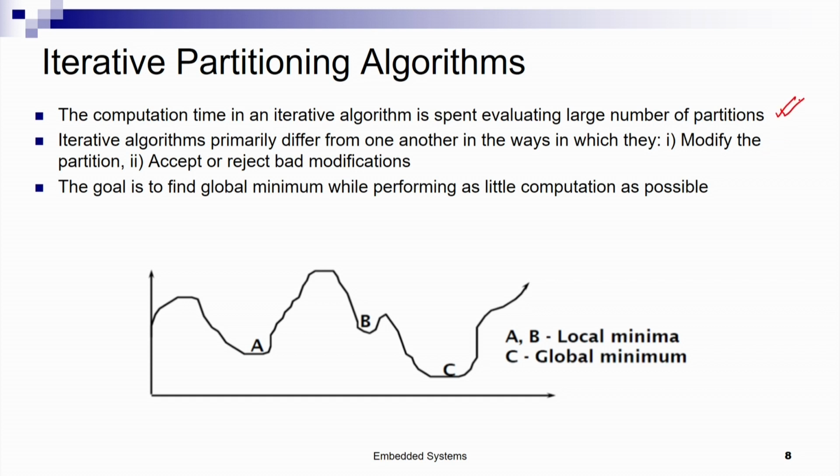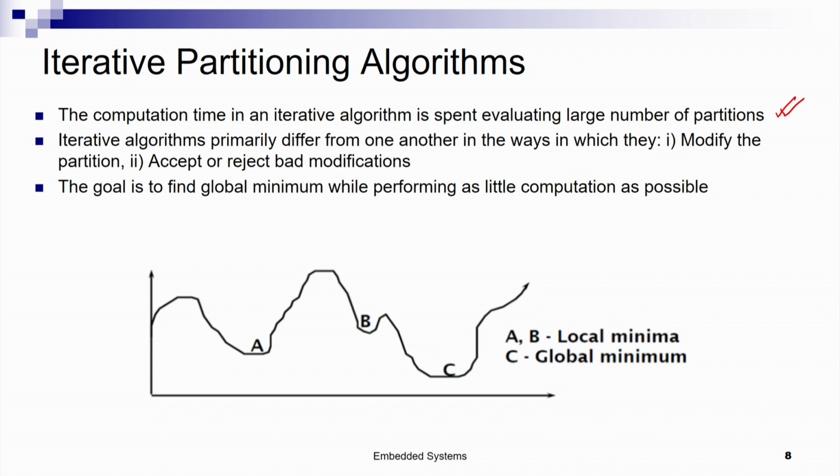So, we will have a large number of partitions and we have to see which partition is good among them. The iterative algorithms primarily differ from one another in the ways in which they modify partitions.